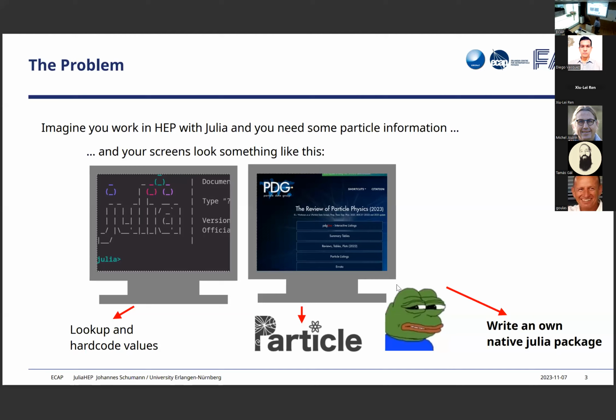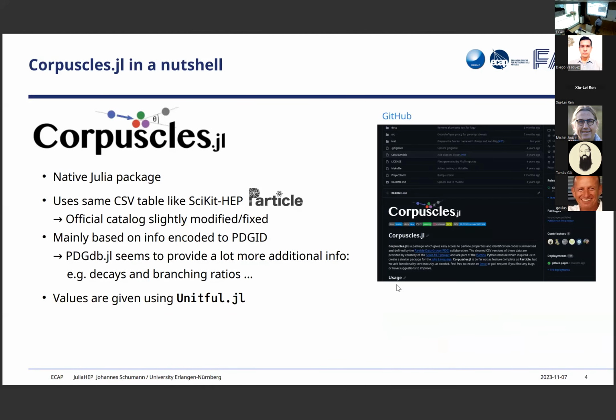So we came up with the idea to write a native Julia package for this. That is where Corpuscles came into play. As I said, it's a native Julia package, and we basically do the same thing as the particle package in Python.